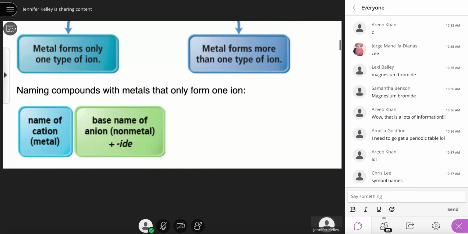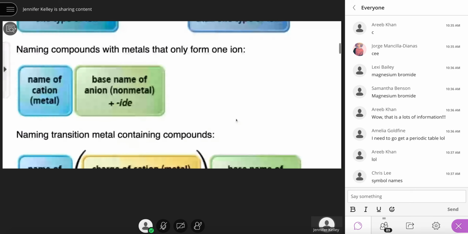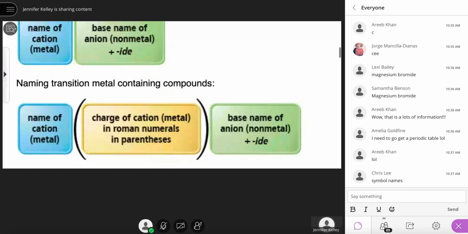And then you'll have the little instructions on how to name compounds that form only one ion, and then how to name transition metal containing compounds. Actually, that should be naming compounds that make more than one ion, more than one charge.